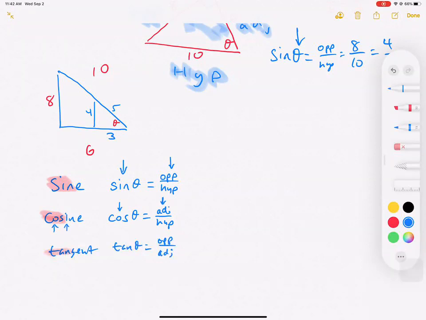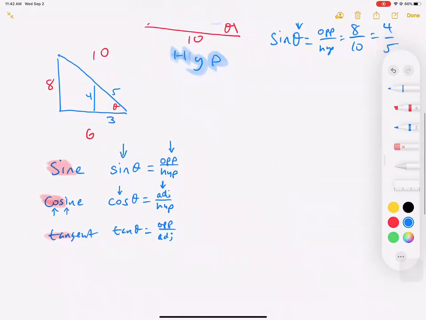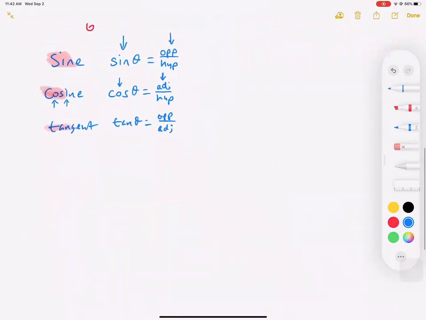Now, real quick, just to say this, you guys have also learned this in geometry as SOHCAHTOA. Okay, and this is the name of a Native American princess. This was Pocahontas's little sister, SOHCAHTOA.